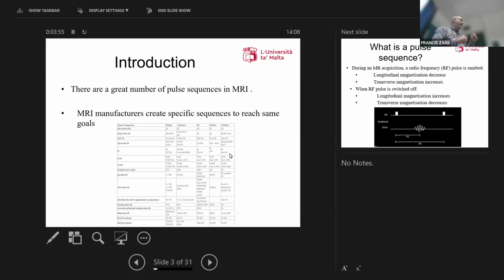Mela jiena nista' ngħid isma' għandi sekwenza to produce a certain type of contrast in MRI, okay? Tal-Philips jisimha X, tal-GE jisimha Y, tal-Toshiba jisimha Z. Avolja, it's the same sequence, because it is not actually the same sequence. The final result is the same, but how they achieved that result is different.